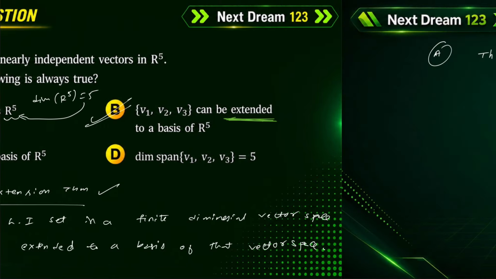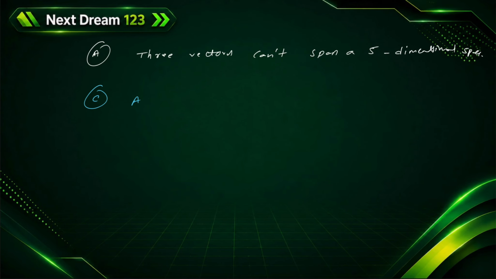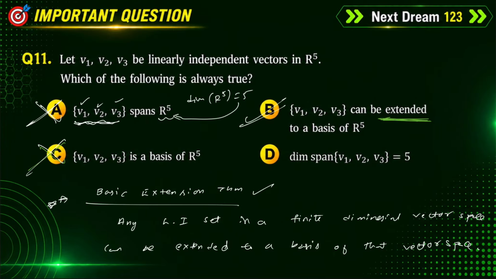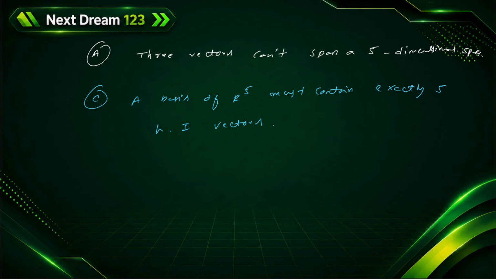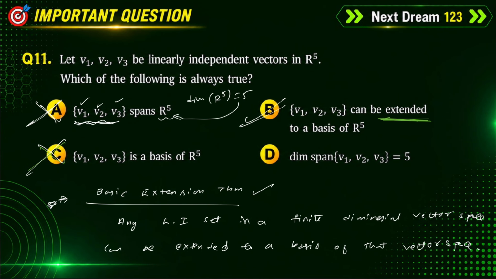If you want, you can write down that a basis of R power of 5 must contain exactly 5 linearly independent vectors, then only it forms a basis. And what is option D? The dimension of span of v1, v2, v3.